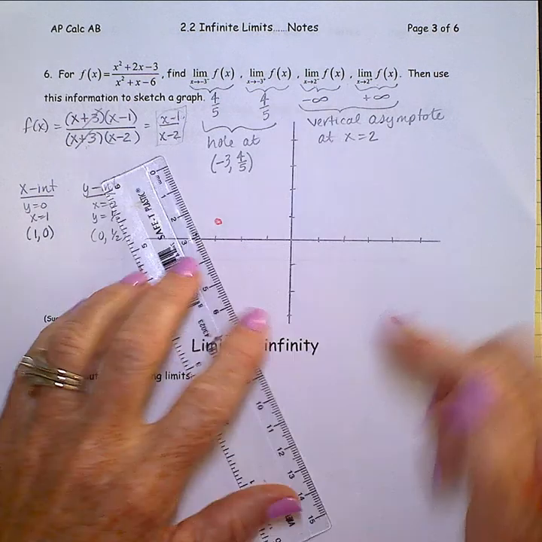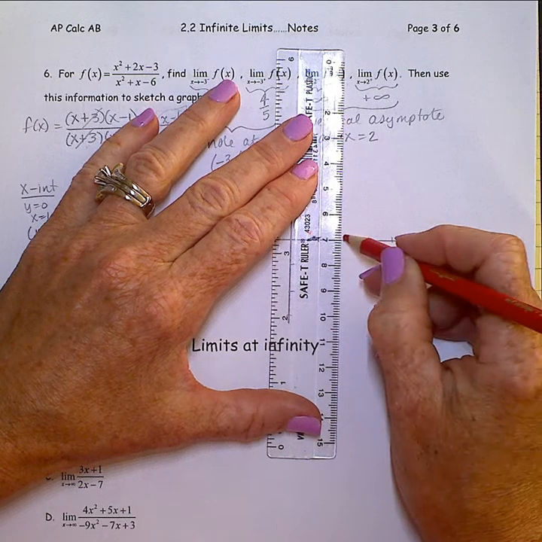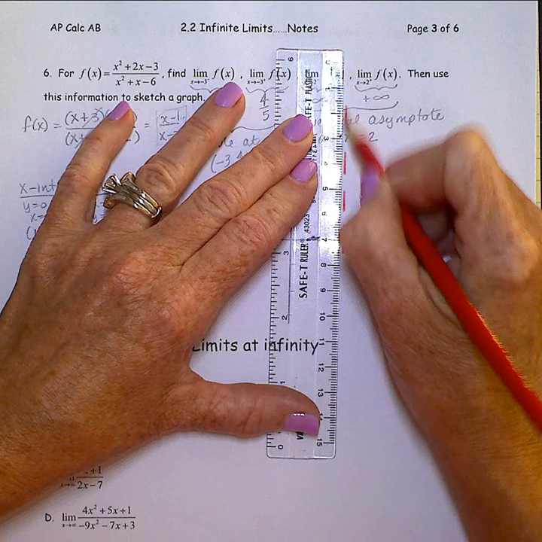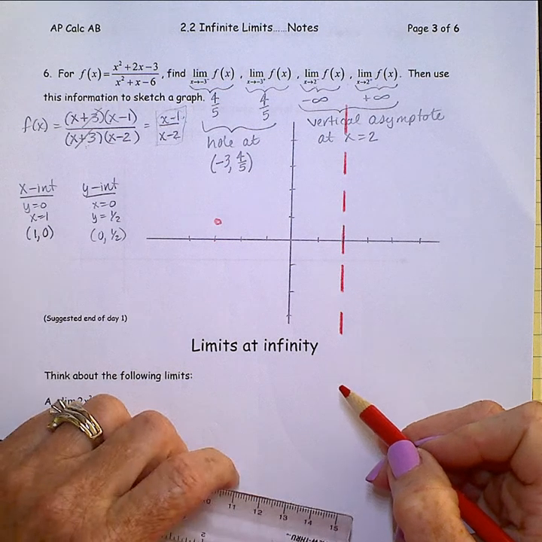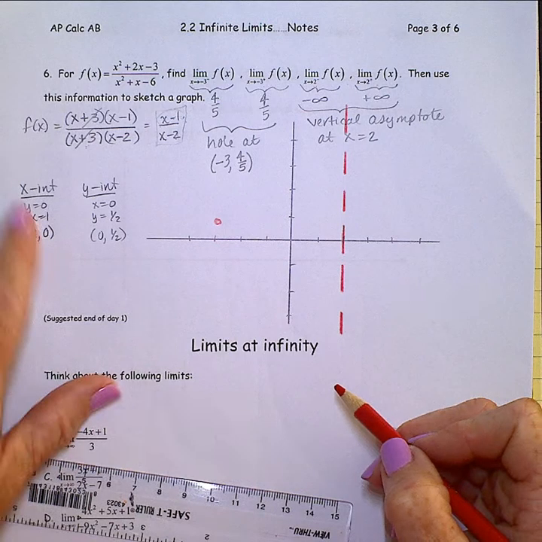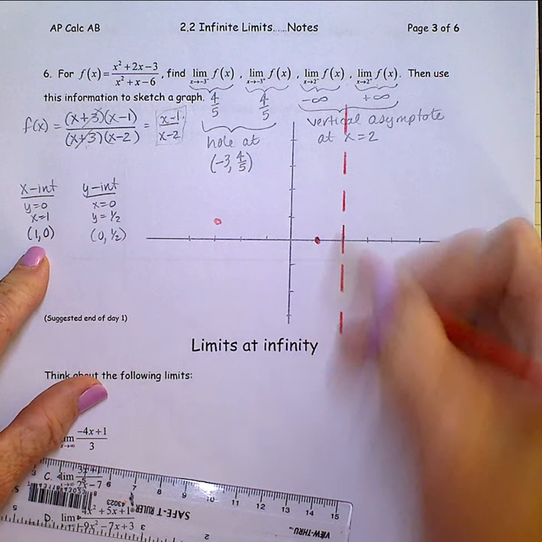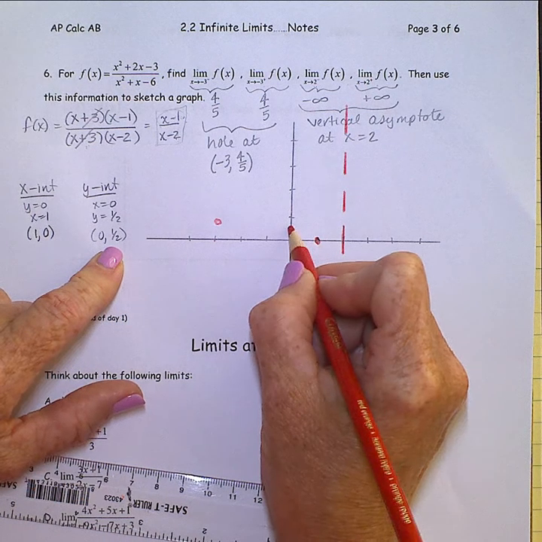There is a vertical asymptote at x equals 2. We have an x-intercept at 1, 0. And we have a y-intercept at 0, 1/2.